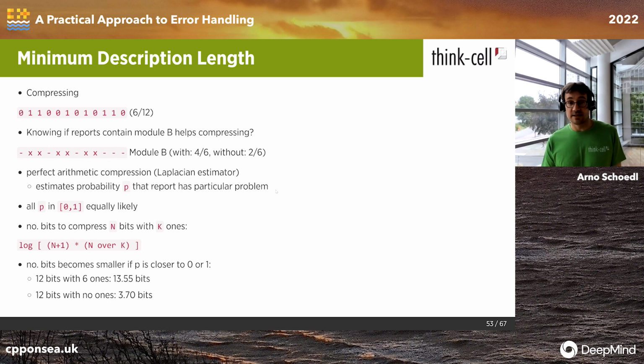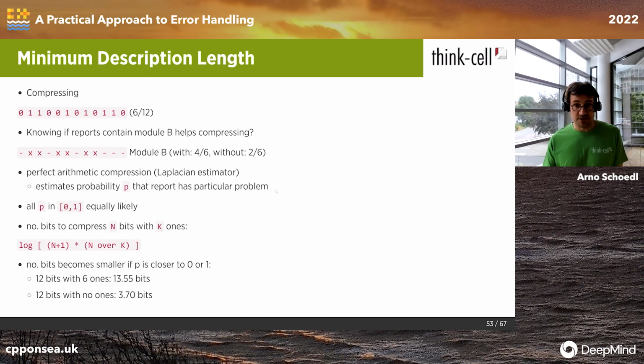Initially, it's using an uninformed prior, so all the probabilities are equally likely. If you use that to compress, then the number of bits you need to compress n bits with k ones is log of (n plus 1) times (n choose k).